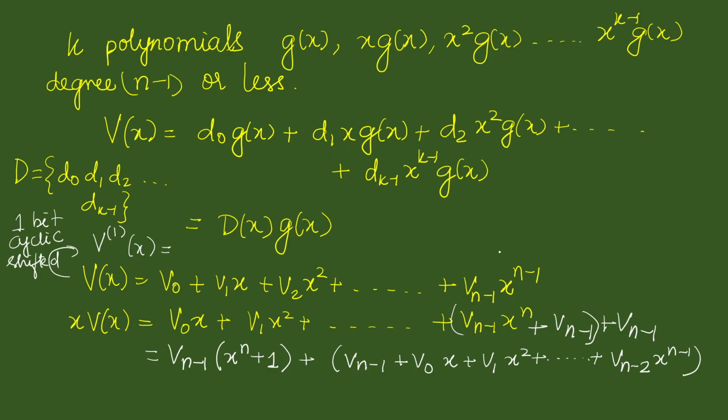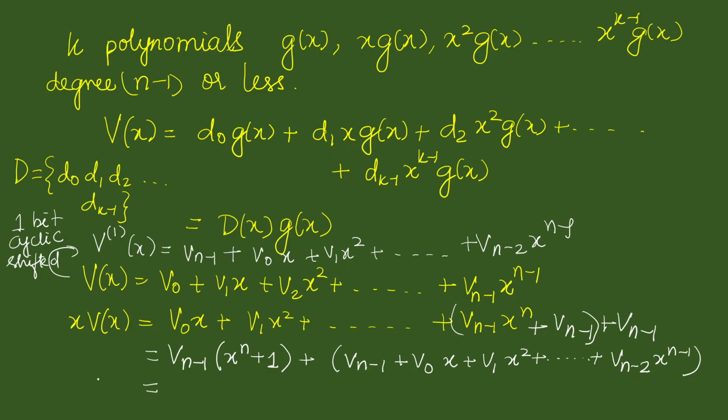v n minus 1 will come to the front, so this looks like v of n minus 1 multiplied by x raised to 0, v naught into x plus v1 into x square, and so on. The last one would be v n minus 2 into x raised to n minus 1. So this part is exactly present over here.